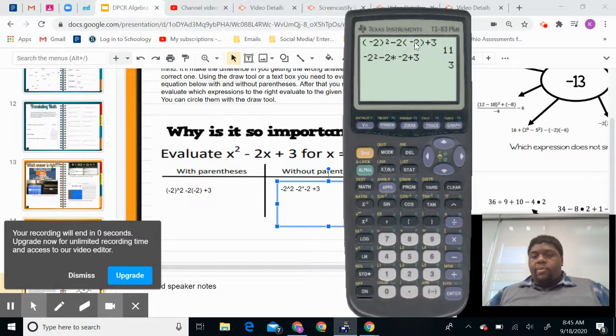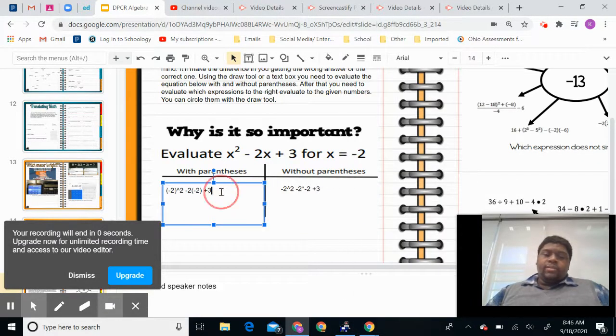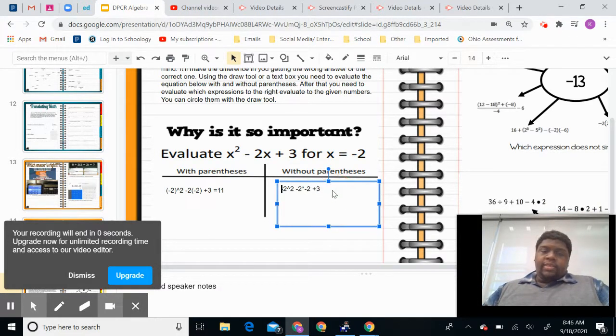So we had 4 plus 3, which is how we get 11. Over here, however, we get -4, and we're going to get a +4, which is -4 plus 4. That gives us 0, which leaves the 3 left over. So over here, we get 11. Over here, we get 3. It's always important to use parentheses when you're evaluating these.